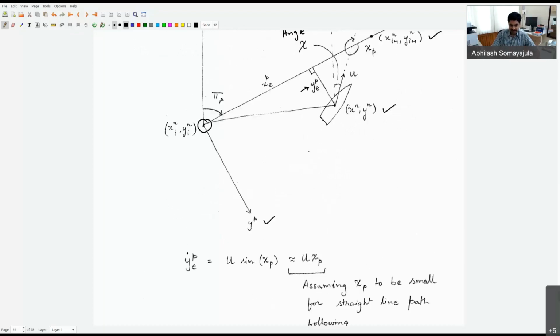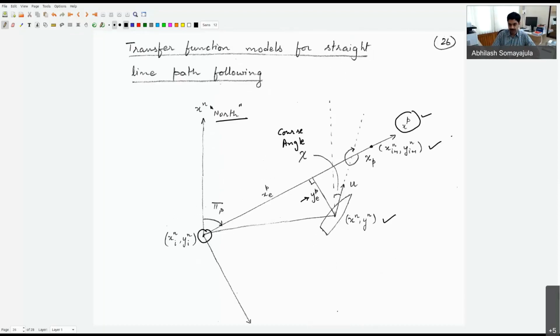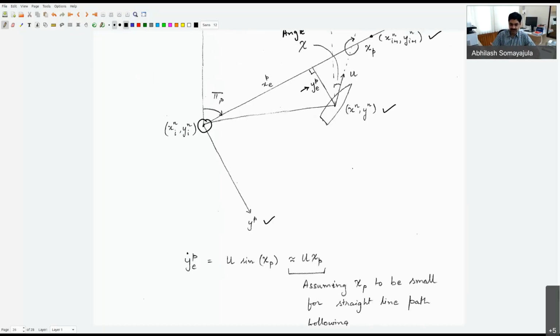We saw that YPE dot, the derivative of YPE, is nothing but u times sine of chi p. I'm taking my velocity vector and projecting it in the direction perpendicular to the line connecting the waypoints, and that is the velocity with which the craft is moving towards the line. So therefore YPE dot is given by that. Is that making sense?